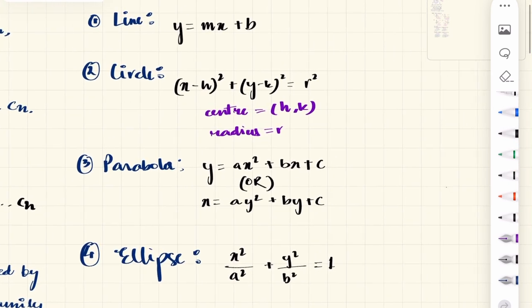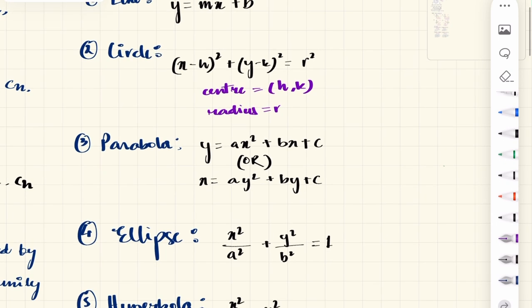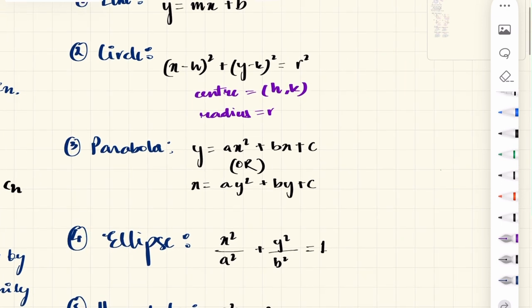Just look here. So first of all, here is an example. The circle is a curve. Yes, correct, because parabola, ellipse, hyperbola, all these are curves. According to the statement, I'll write it this way.